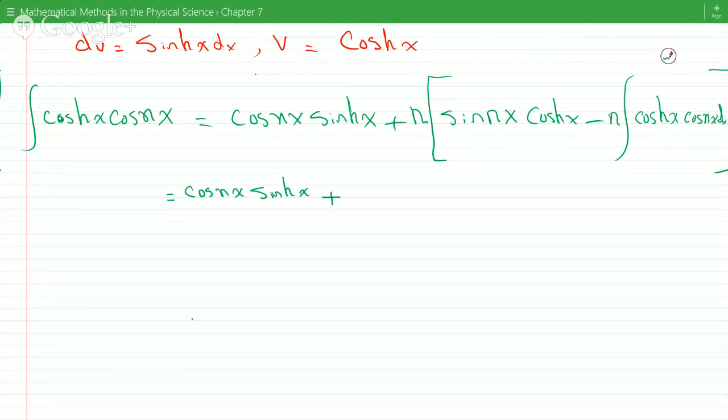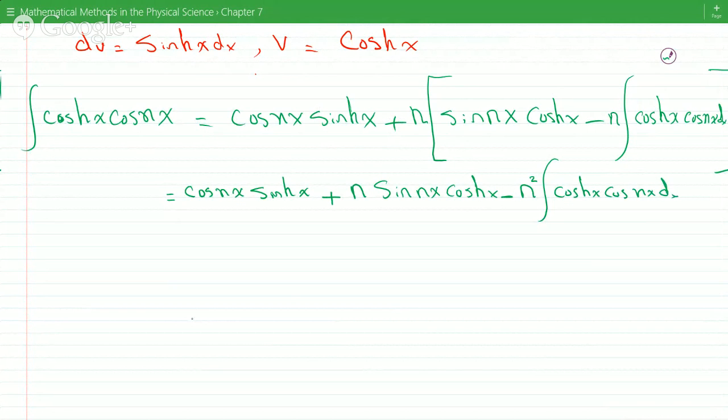So there's only one integration part to do, versus the exponentials, where you'd have to do this twice. Sine nx cosine hyperbolic x minus n squared cosine hyperbolic x cosine nx dx.